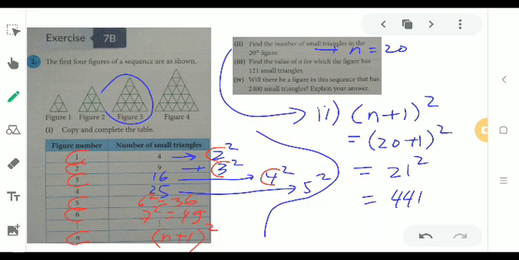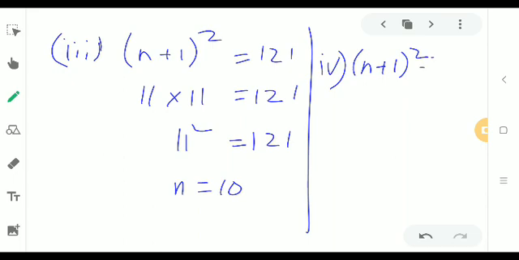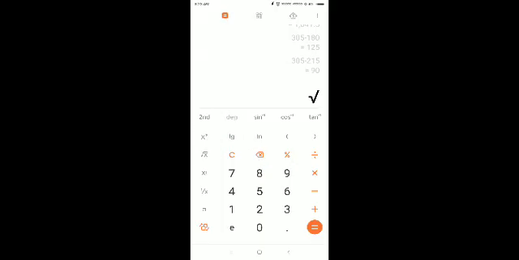Next, will there be a figure in the sequence that has 2,400 small triangles? So we key in the formula, n plus 1, squared, equal to 2,400. Now we know that 2,400 is actually not a perfect square. If you try to find the square root of 2,400, you can just use a calculator here.